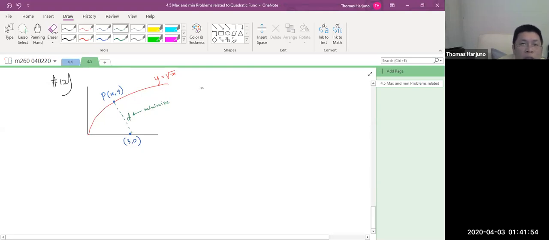Then what is the distance from P to 3, 0? The distance from P to 3, 0 is the square root of x minus 3 squared plus y minus 0 squared. Now write it down first.